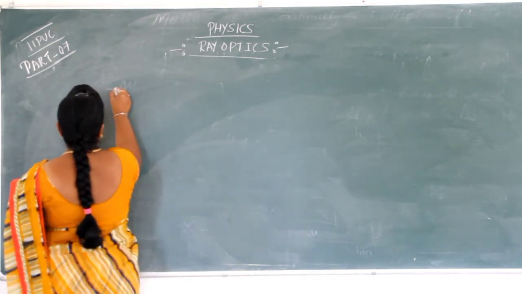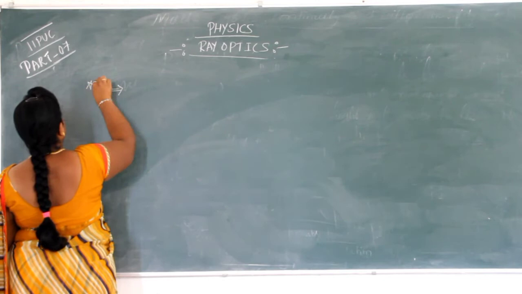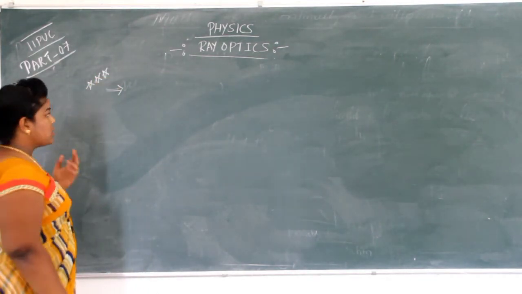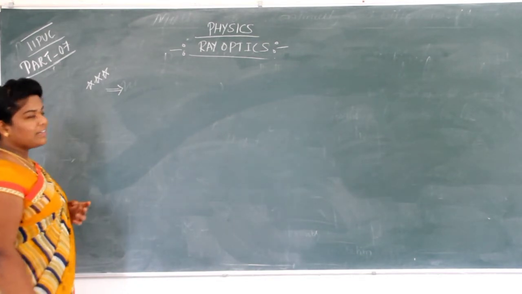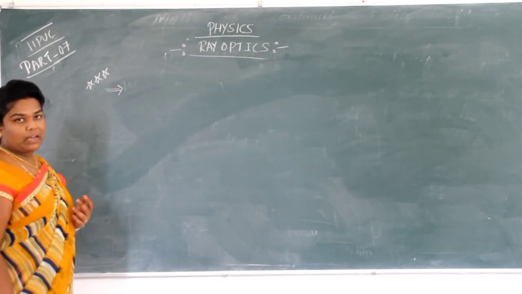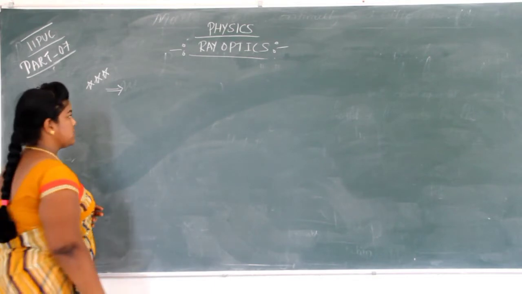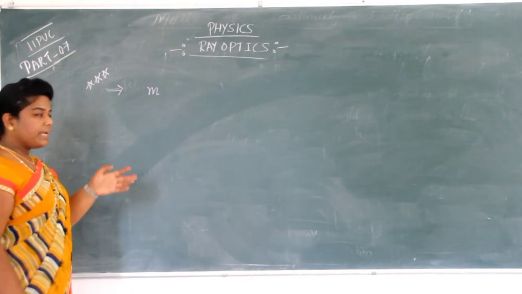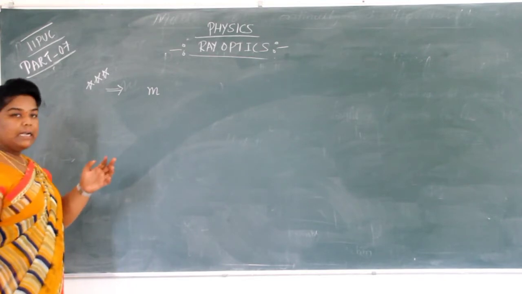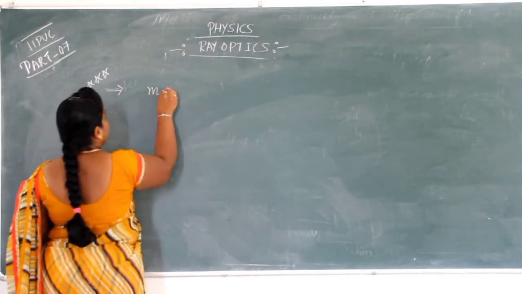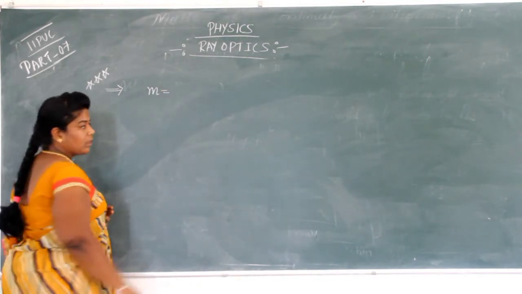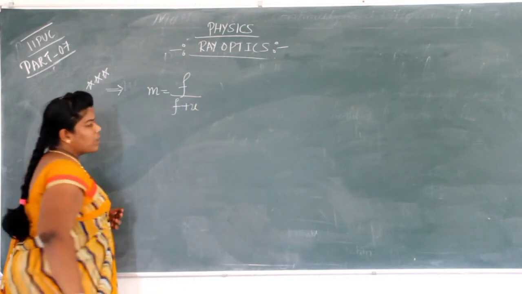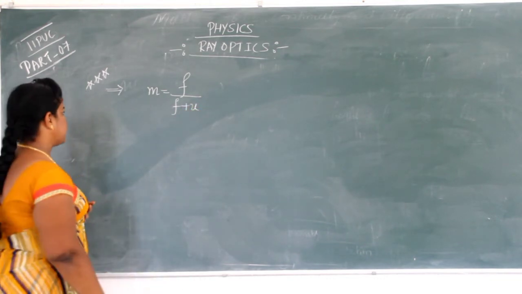See, writing of formulas. This formula is not for your examination, it is for your competitive examination. We can write the formula for magnification with the help of focal length and object distance. It can be written as m is equal to f divided by f plus u, where f is the focal length and u is the object distance.